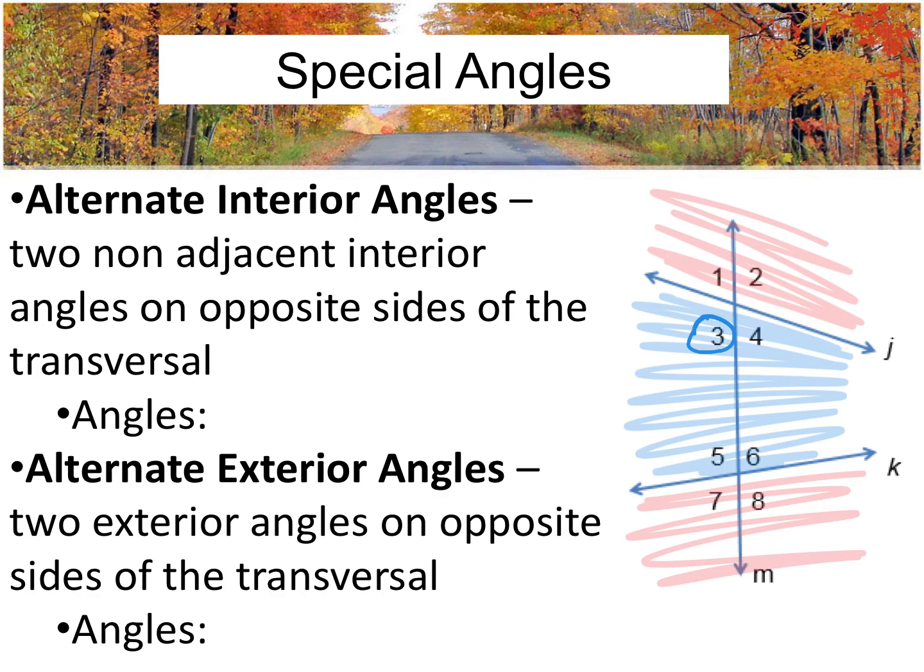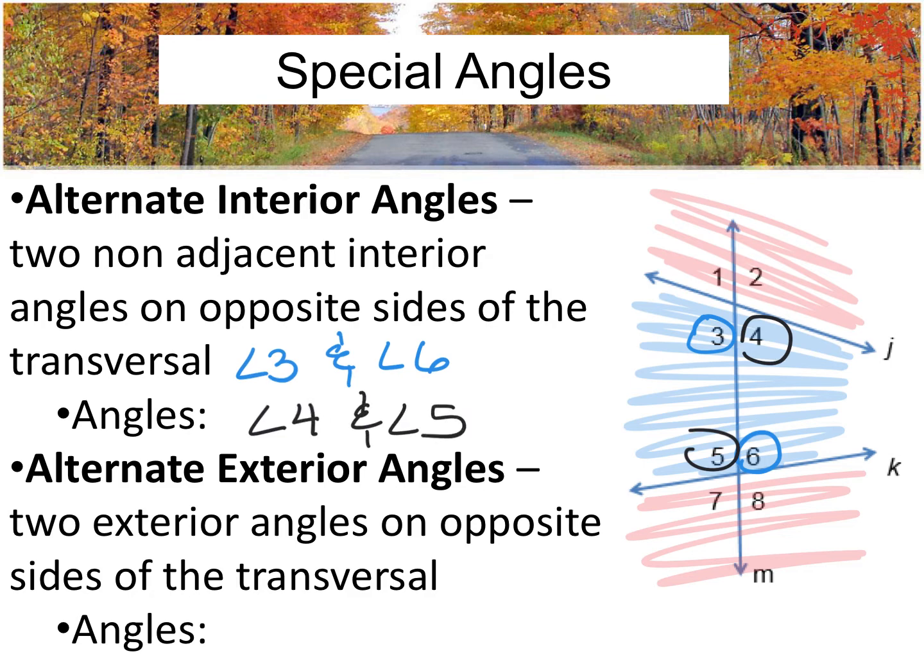So I would have to pick 6. One is on the left side, one's on the right side. If your transversal is horizontal, you'd pick one from the top and one from the bottom. So angle 3 and angle 6 are a pair of alternate interior. I have one other pair. I also have 4 and 5. These are alternate interior angles.